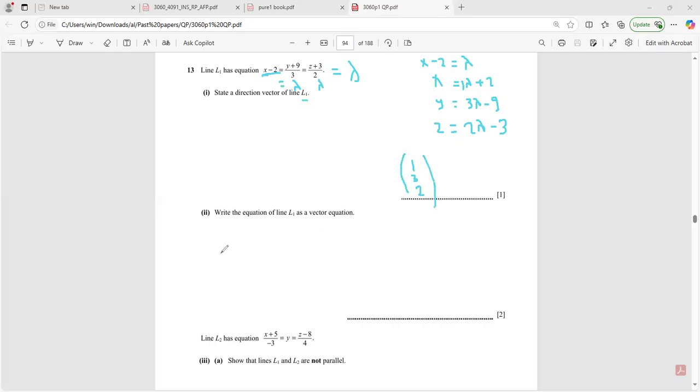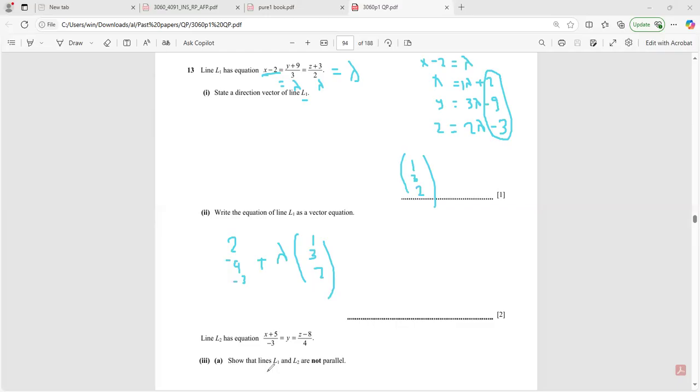Write the equation, which is very easy. We are going to take all this, 2, minus 9, minus 3, plus lambda multiplied by the direction 1, 3, 2.